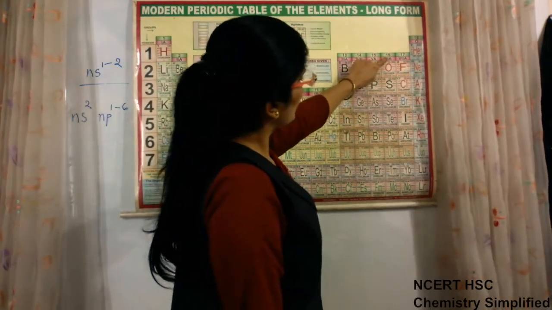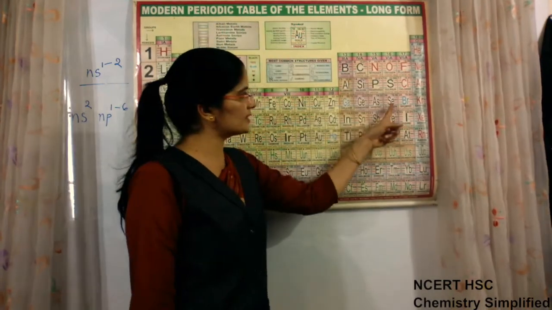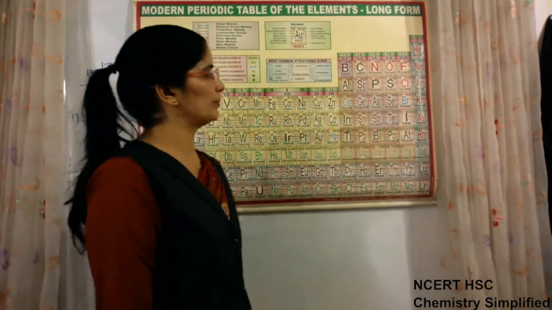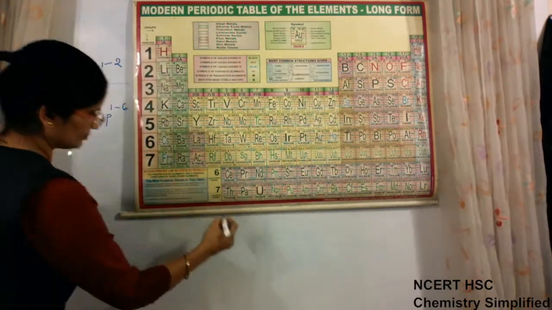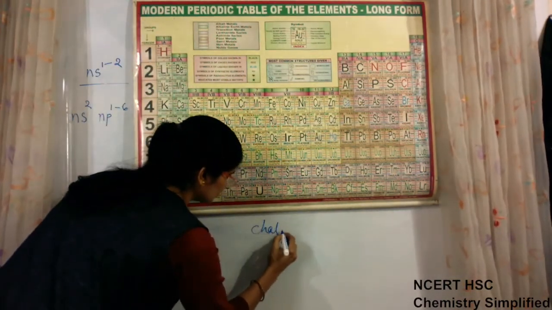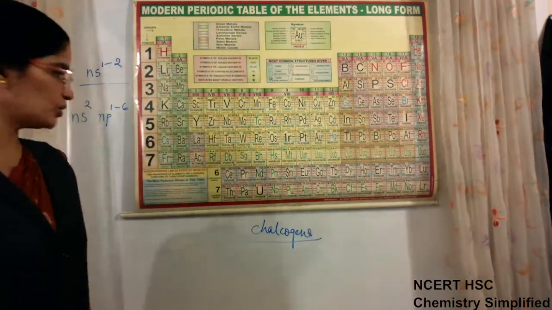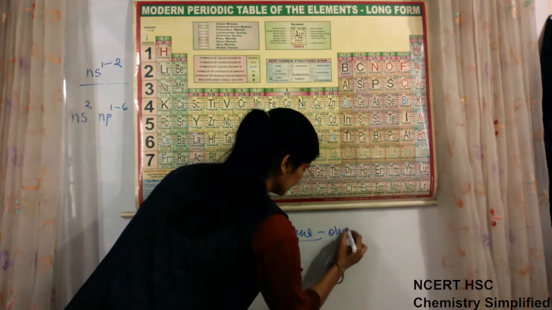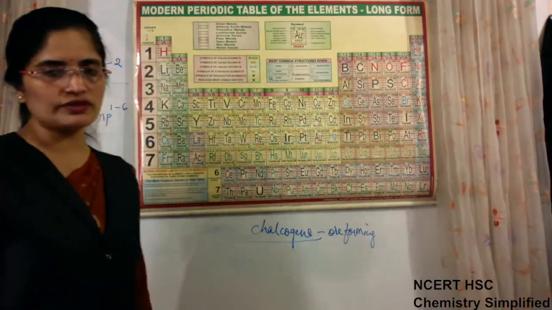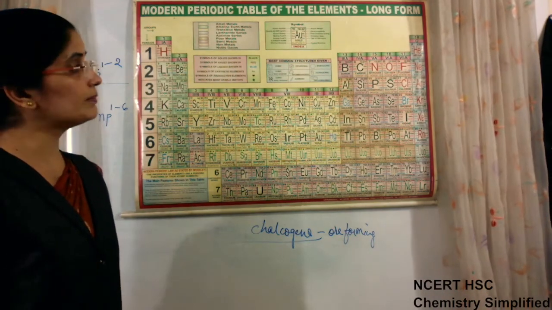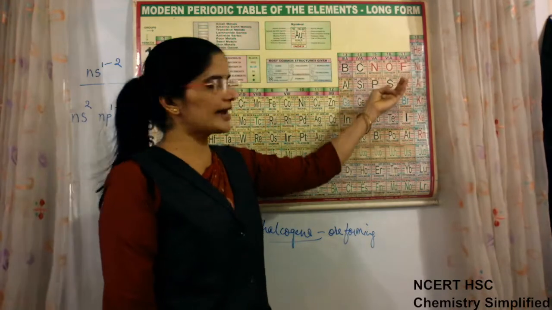The elements present in group number 16, oxygen, sulfur, selenium, tellurium and polonium, this particular group is known as chalcogens. Chalcogens are ore forming. Most of the ores of different minerals or metals in nature are formed by oxides or sulfides.